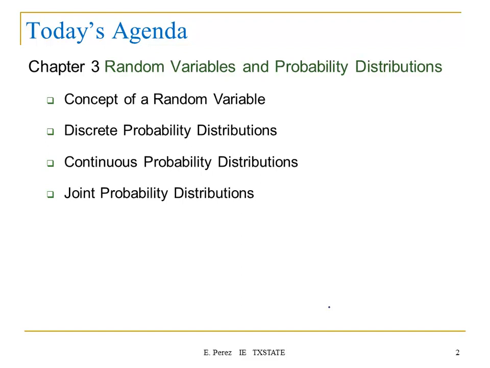Remember in our first lecture that I kept stressing the difference between discrete and continuous. Now you're going to see why that is important. So we're going to discuss discrete probability distributions and continuous probability distributions, and finally, joint probability distributions.